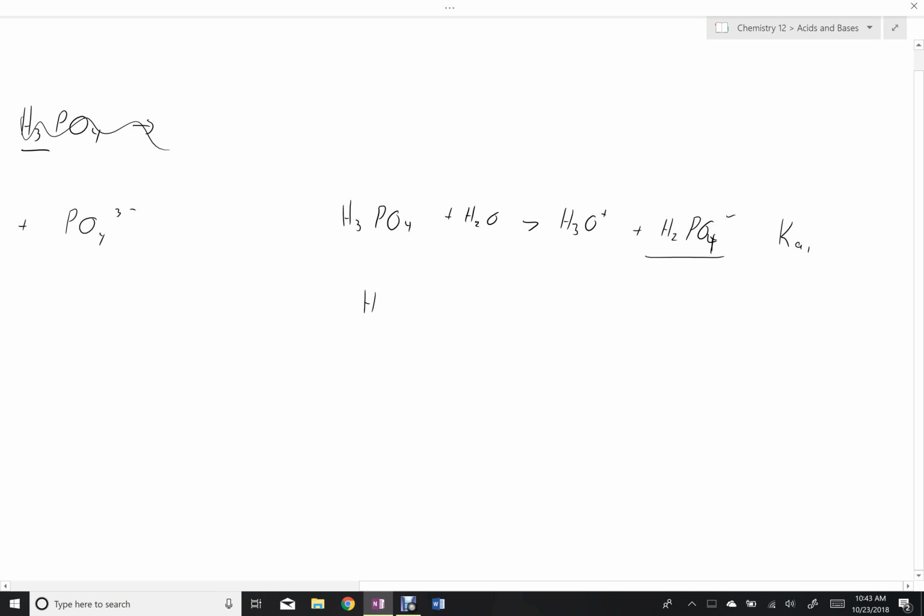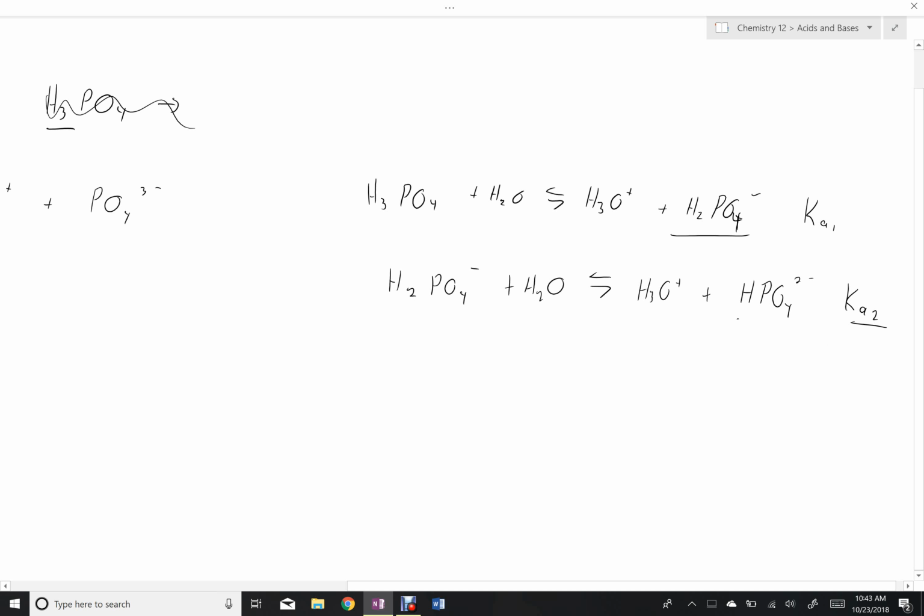Then this product, H2PO4 minus, could react with water again to get us H3O plus, these are all equilibriums, and HPO4 2 minus. That's my second proton process, so I call that my Ka2.